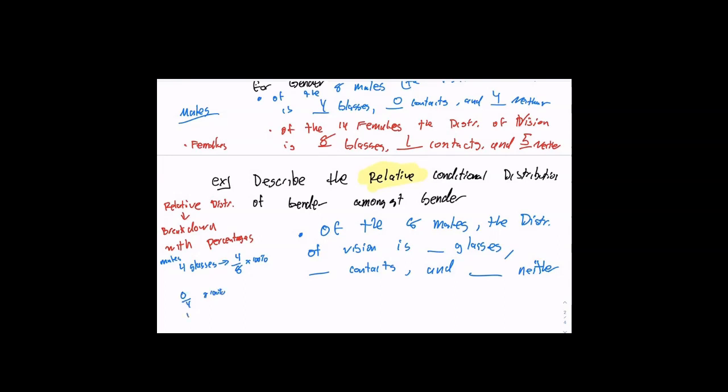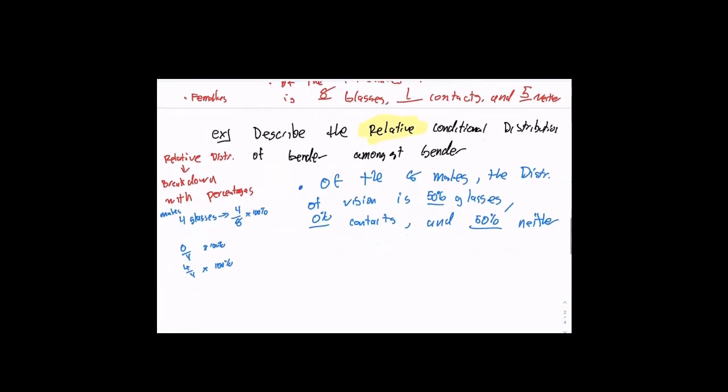And 4 divided by 8 times 100%. So instead of saying 4 were glasses, we're going to say what percent? That's simple math. What is it? 50%. Good. 0%. I'm going to finish these ones out because I think they're relatively easy. And 50% neither.